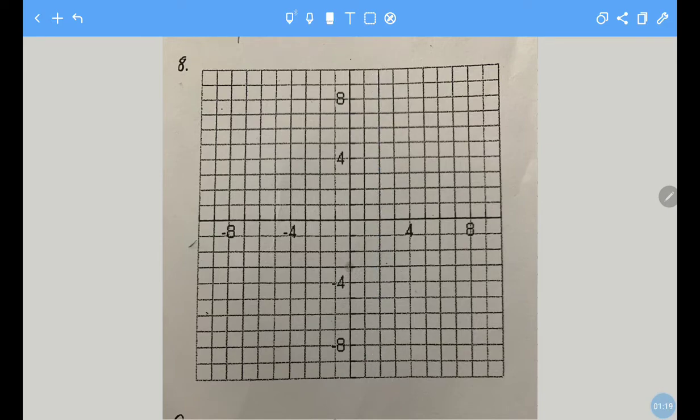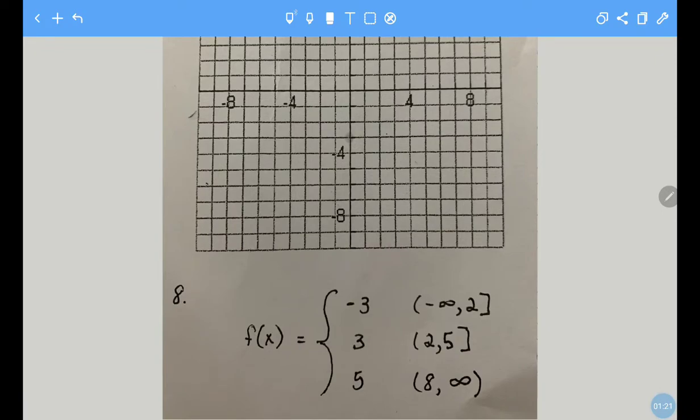Okay, so here's the first one. Remember, f of x is just a fancy way of writing y. So this first equation is y equals -3. All right, so that's where this is. And that occurs from negative infinity to 2.